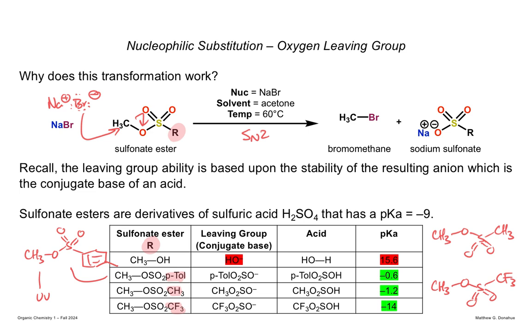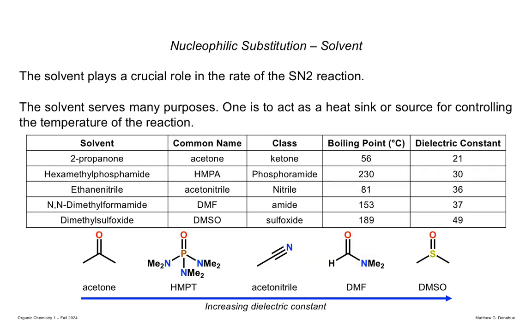Because at some point you got to get rid of it. And the community, which the company exists in, probably doesn't want you dumping it into their water table. So those things eventually will matter. But for just learning the concept, you can use any of these and it'll be fine. So that's the nature of the electrophile, the carbon bearing the leaving group.